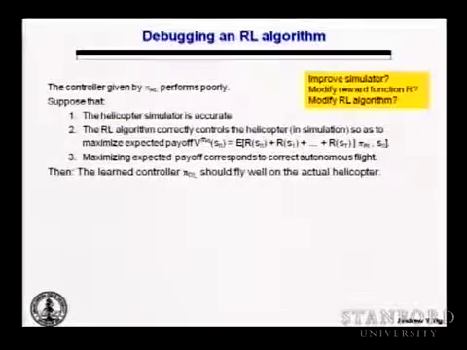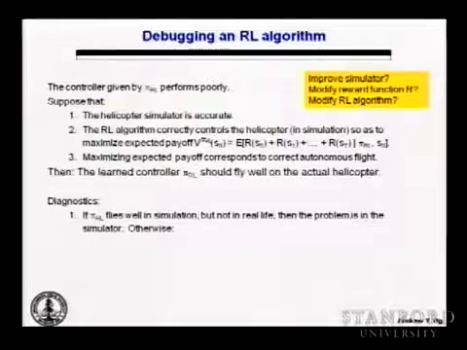Okay, so I'm sort of showing you the sorts of reasoning that I go through when I'm trying to come up with a set of diagnostics for this problem. So these are diagnostics we actually use routinely on various robotics control problems. So pi subscript RL, right, we said it doesn't fly well on the actual helicopter.